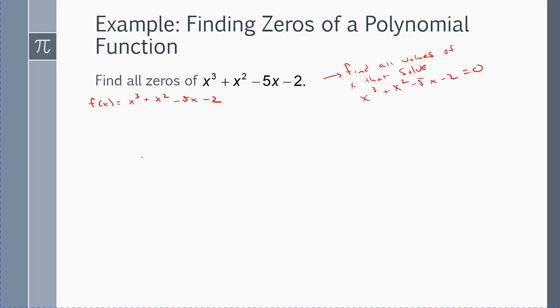All right. Whew. So you're going to notice that as I go through this problem here, it's really lengthy. So the first thing you're going to do is list all possible rational zeros.